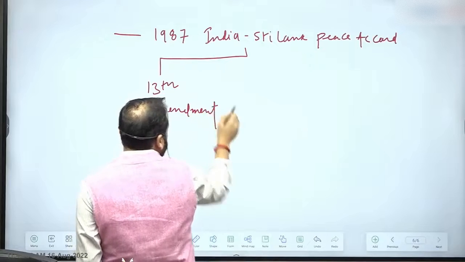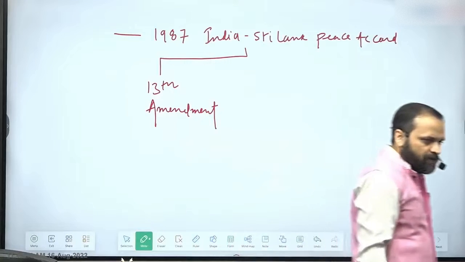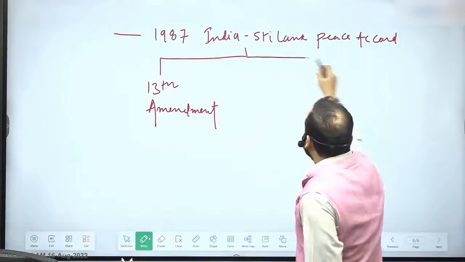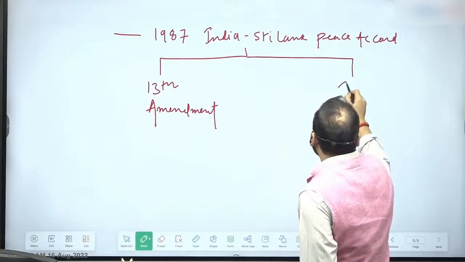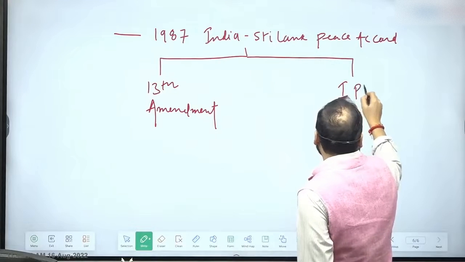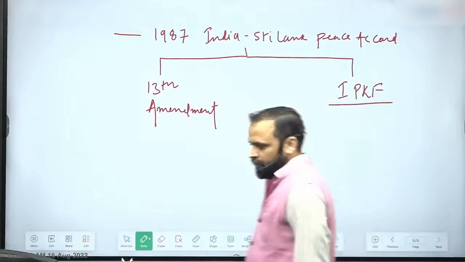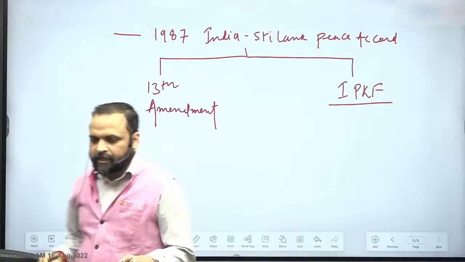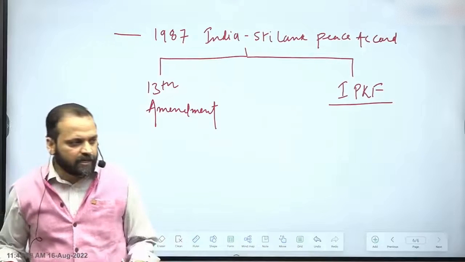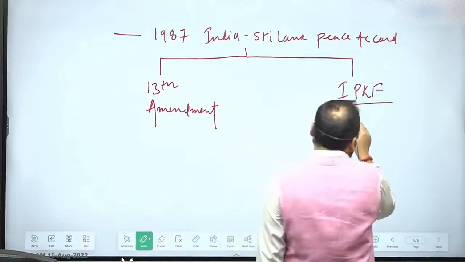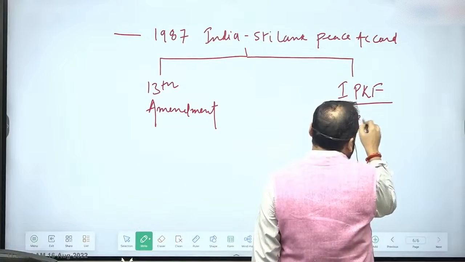That is India's suggestion that an amendment could be made to Sri Lanka's constitution. And immediately at that point in time, India also decided to support the peace process by ensuring that the combatants are separated.